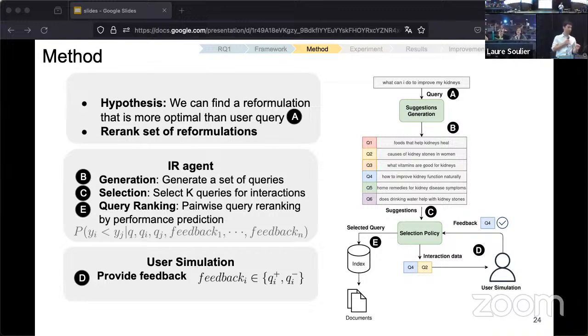No, here we were focusing on the interaction, not on the generation process. We only considered a reformulation model that generates a set of new queries, but we could have used other methods to generate the set of queries. For example, we could have used the Google suggestion, but it was not the main point of the paper.